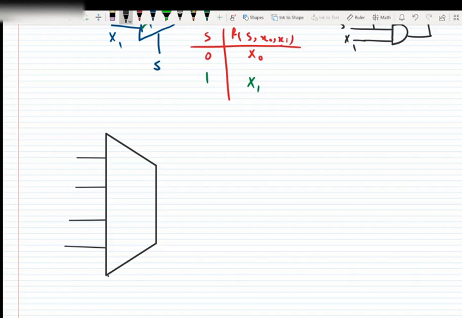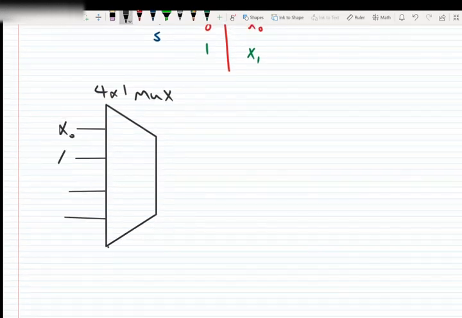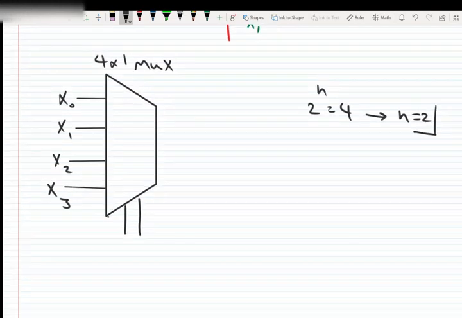Of course, this multiplexer is a 4 by 1 mux, and these inputs are labeled X0, X1, X2, X3. We have 4 inputs. How many control inputs? 2 to the power of n is equal to 4. So as a result, n is equal to 2. So we will have 2 select inputs. So we add the select inputs here. It's S0 and S1. And of course, the output is here.